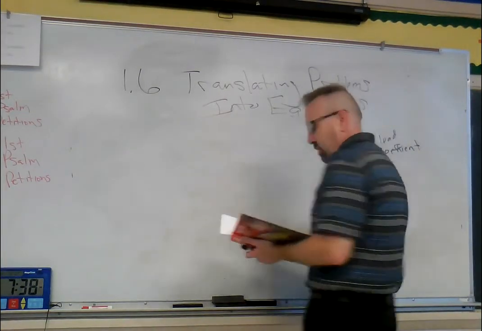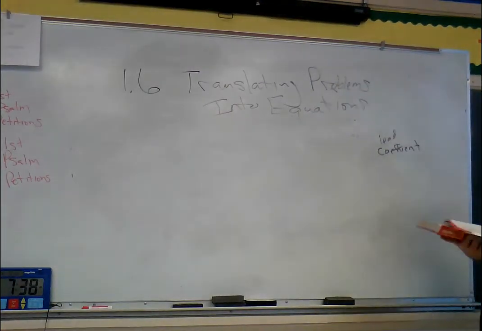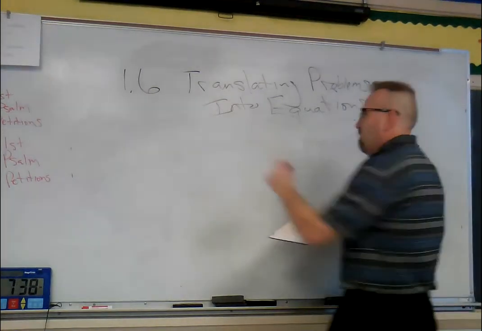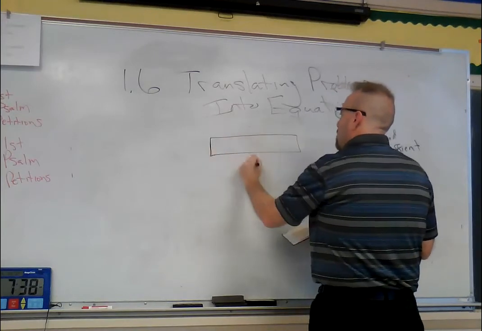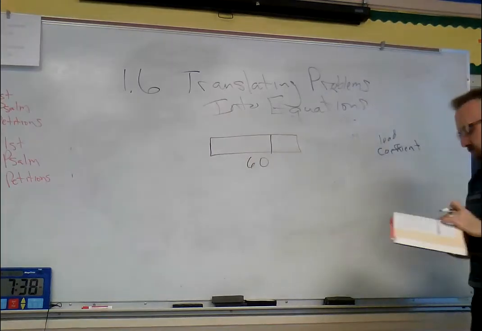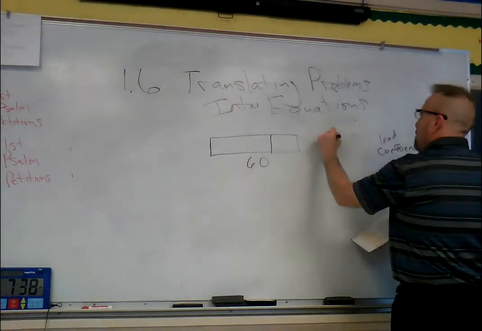So example 2, same thing. It says translate the problem into an equation. A wooden rod, 60 inches long. I'm going to draw a picture. It's cut into 2 pieces. One piece is 4 inches longer, so I'm going to write down first, second.